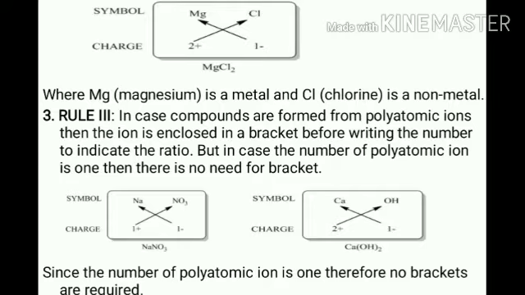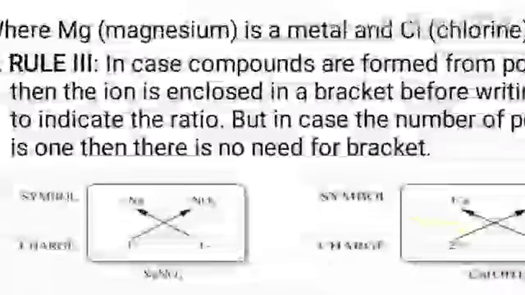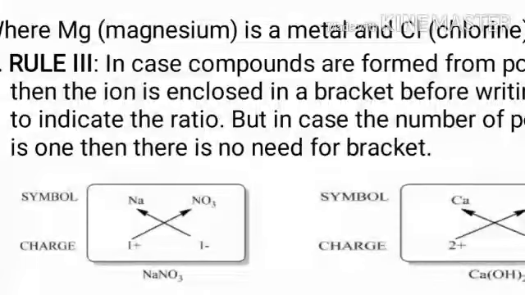Look at this. In the case of sodium, Na, and NO3, sodium is a monoatomic ion and nitrate NO3 minus is a polyatomic ion. But the valency of sodium is 1 and the valency of nitrate is 1, so NaNO3 is the formula.